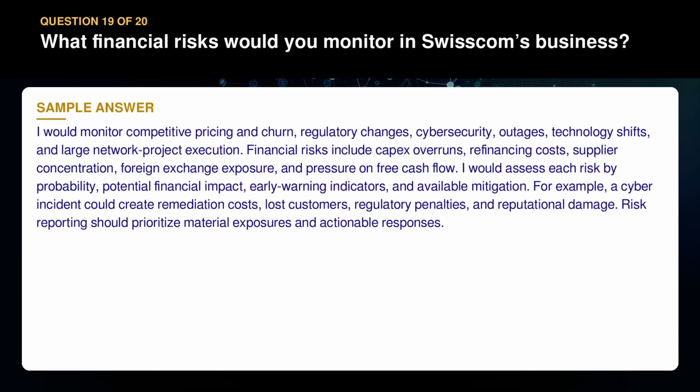I would assess each risk by probability, potential financial impact, early warning indicators, and available mitigation. For example, a cyber incident could create remediation costs, lost customers, regulatory penalties, and reputational damage. Risk reporting should prioritize material exposures and actionable responses.